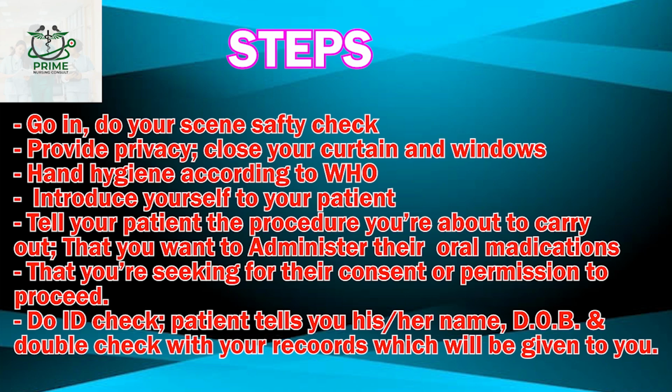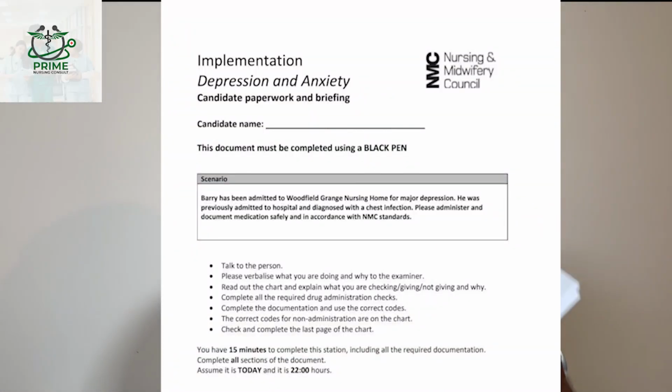ID check means the patient will tell you their name and their date of birth. Then you double check that with your own records, which will be given to you. Something like this, a paperwork that will be given to you on the day of the exam. This is a paperwork, and it will also be on the screen for you to look at very well.